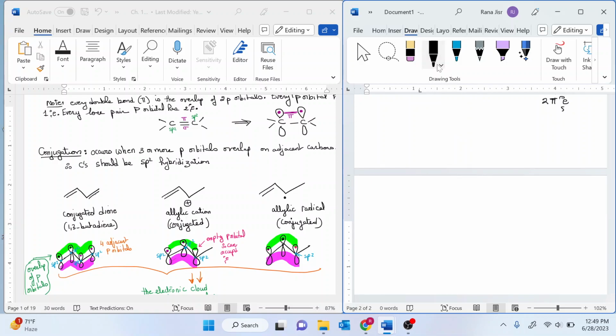Doing the same thing for the primary allylic radical. So if you have a primary allylic radical in there, and we want to know how many p orbitals we have, these 2 carbons are an sp2 hybridization. Now for a carbon that is a free radical, it needs to have 3 bonds.